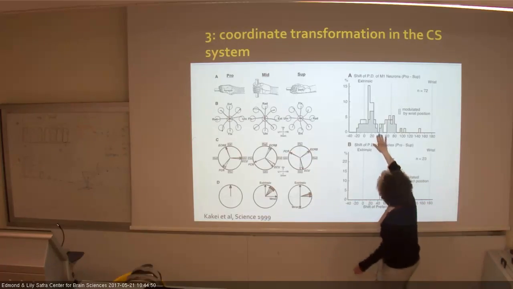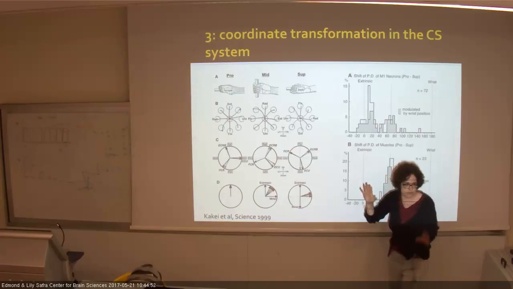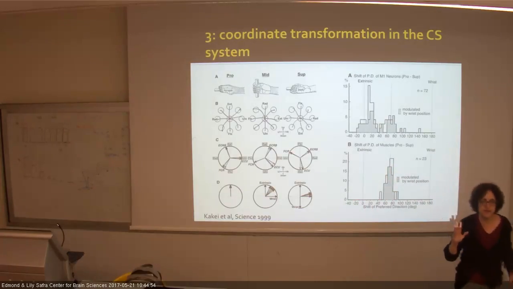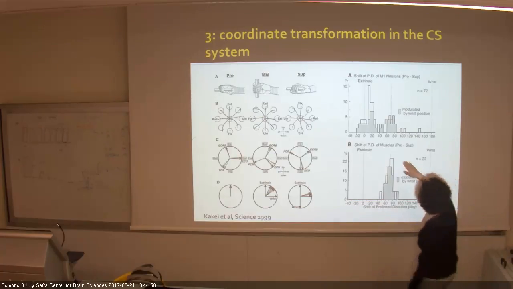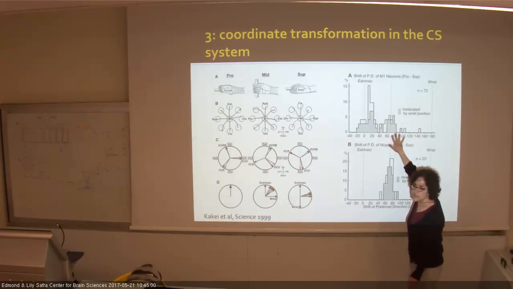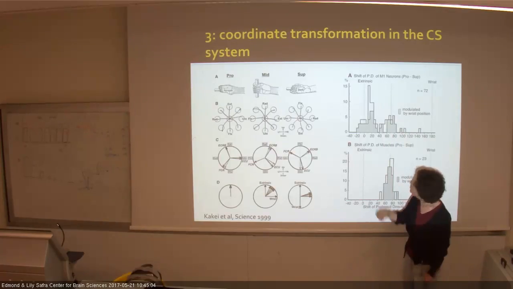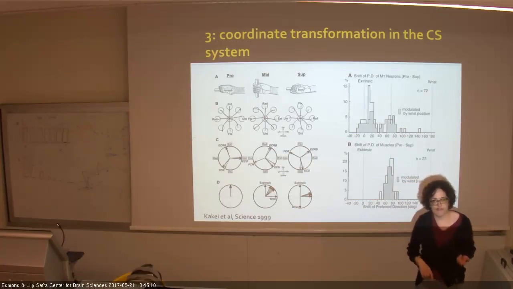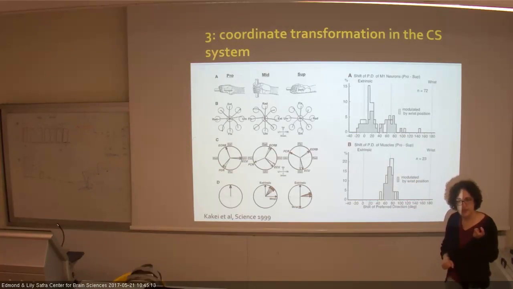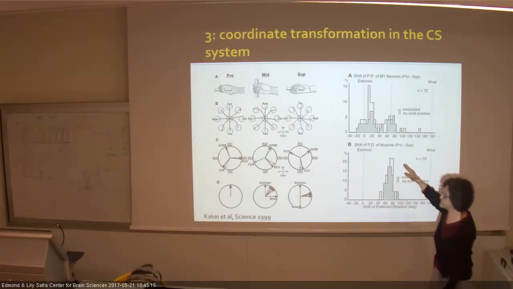There is a subgroup of cells with near 0. It's not really 0, it's like a 30 degree shift in preferred direction. And there is another group of cells, though it's not necessarily an independent or isolated group, but a relatively large number of cells that have their shift in PD like muscles.